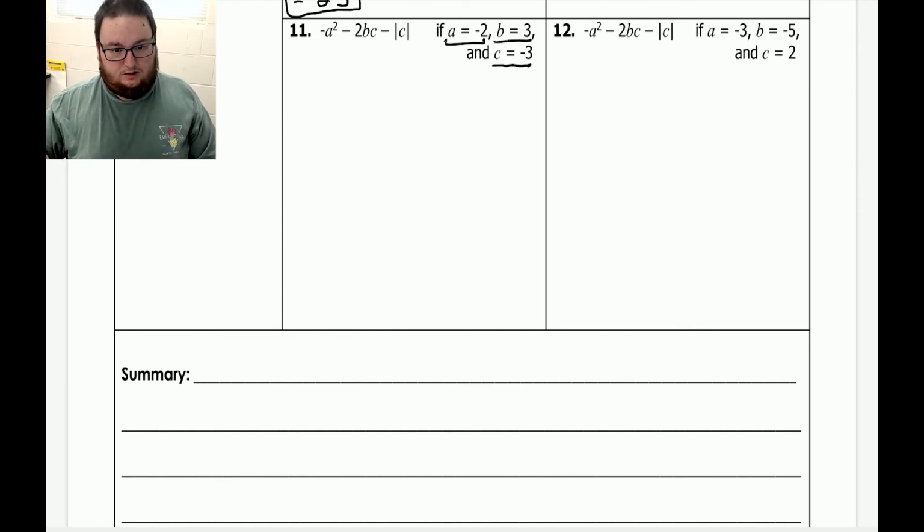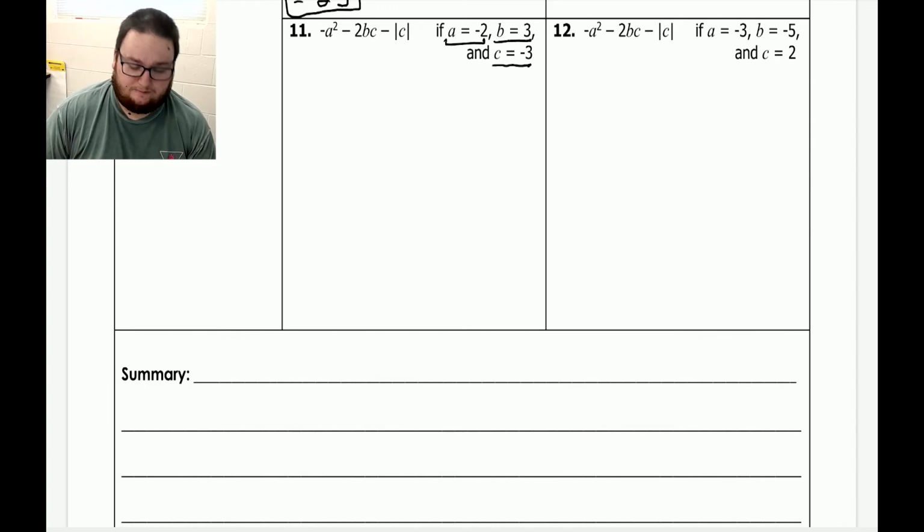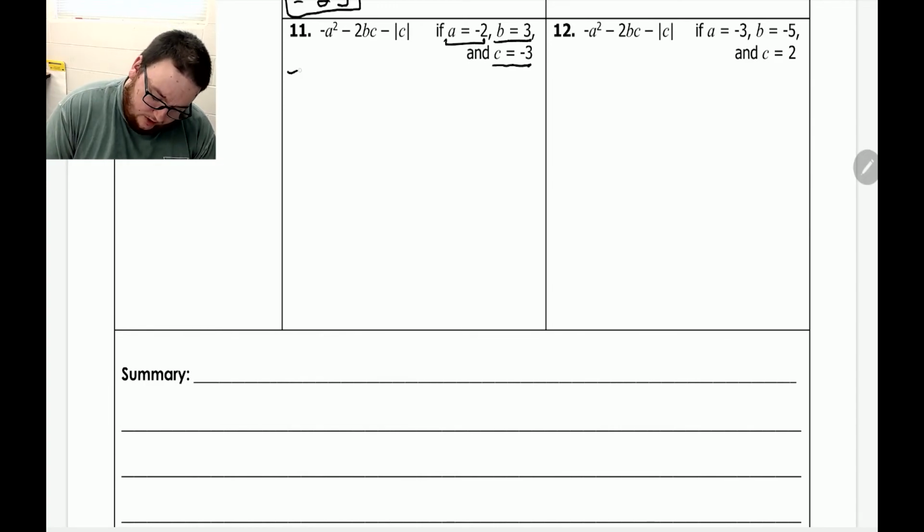So whatever variable, we're going to look over to the side, figure out what it is, and change it. So we have negative a squared. A is actually negative 2, and it's still squared, minus 2 times b, b is 3, times c, which is negative 3, minus the absolute value of c, which was negative 3.